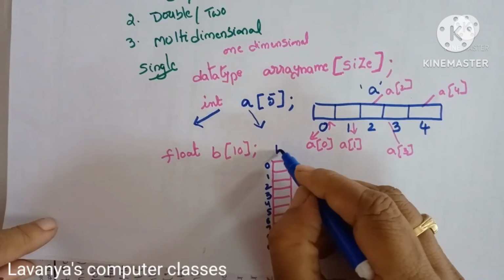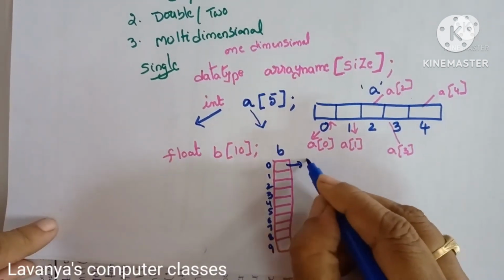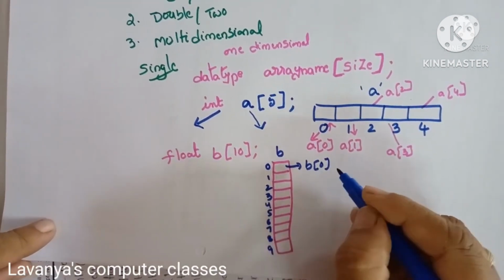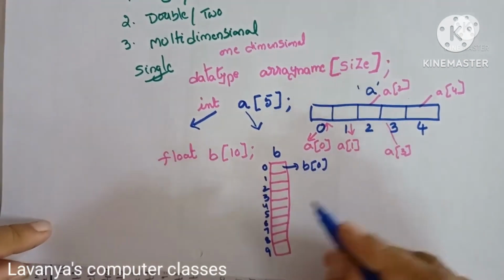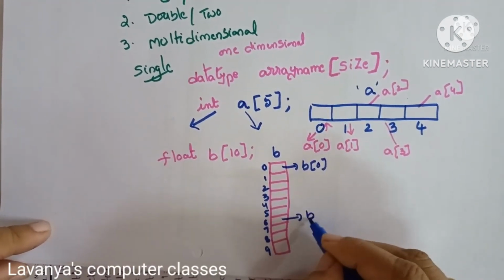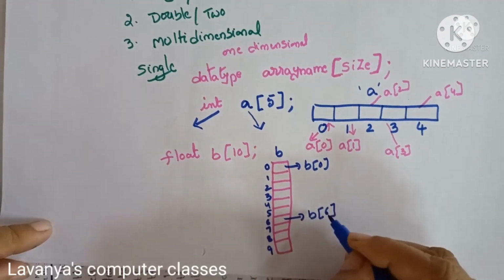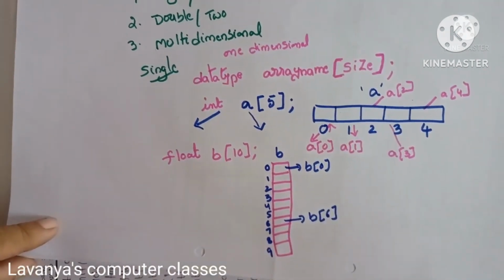The name of the array is B. The position B of 0 is the base address. This is B of 6, the 6th location in the array B, which means logically it is the 7th place.